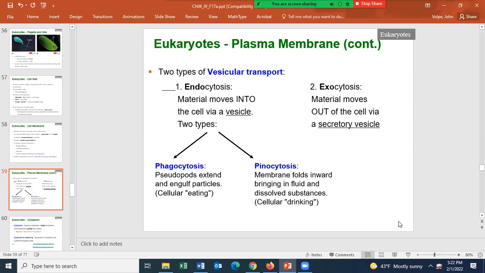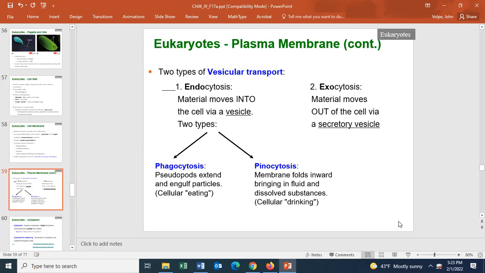There are two types of vesicular transport in eukaryotes. There's endocytosis, where a material moves into the cell by a vesicle. And then there's exocytosis, where a material moves out of the cell via a secretory vesicle.